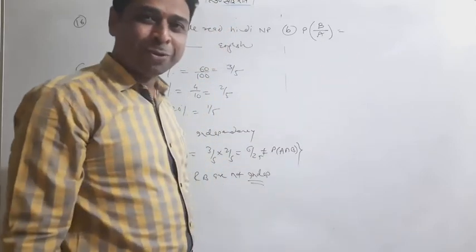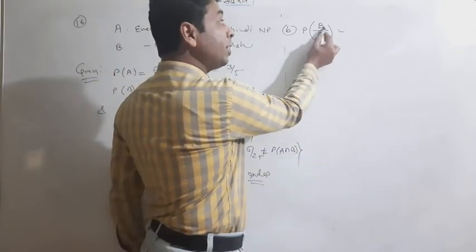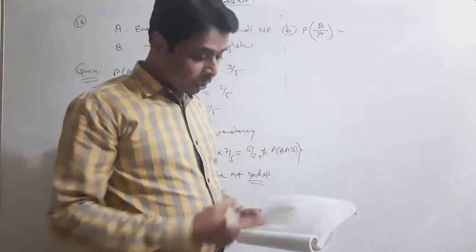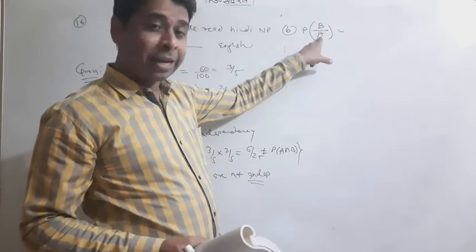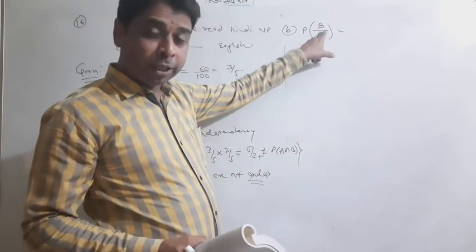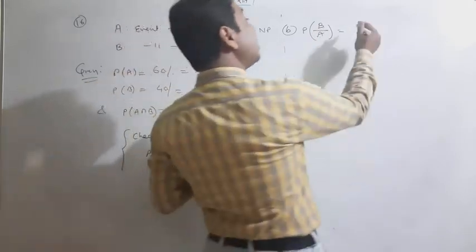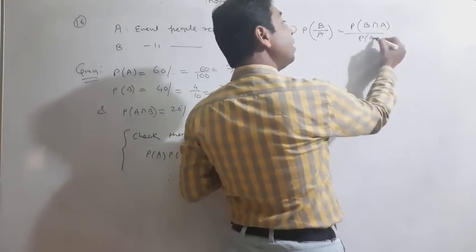Do you remember that? We already have studied that. So we want to find P of B upon A, and that is none other than P of B intersection A upon P of A.